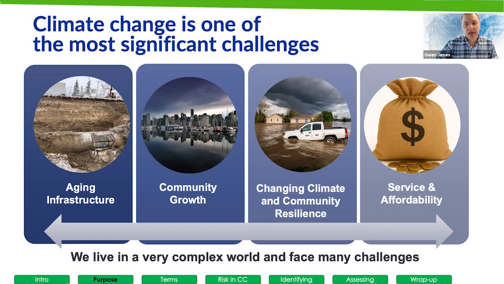If we chunk it down a little bit more to the community level, climate change is still right in there, right up there with those other big risk and challenge areas. Aging infrastructure, growing populations, challenges for improved services, all within an affordability envelope. So this presents a very complex environment.